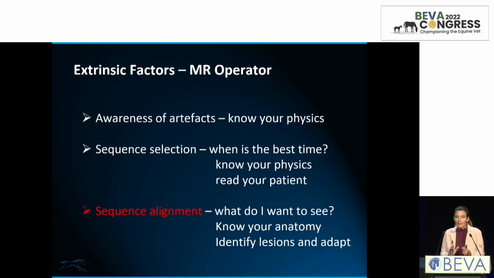Sequence alignment, again, it's very helpful if either you have someone scanning who actually identifies lesions while they're scanning so that sequences can be aligned, or to have a radiologist or someone who's looking at the images, guiding someone through the computer or through messaging that they should check carefully how they're positioning their sequences.